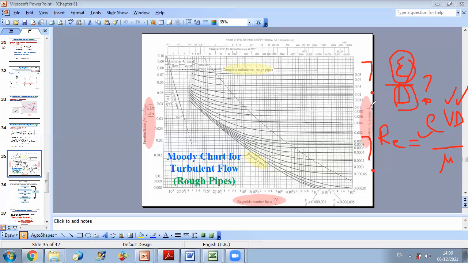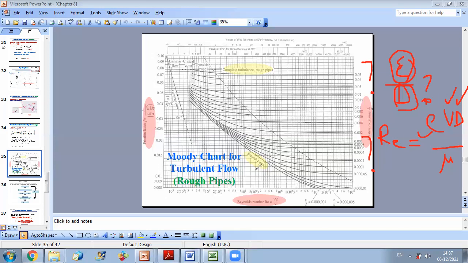Of course, when you make an assumption, you should write equations, replacing d in these equations to get the values of velocity, Reynolds, and epsilon over d, and then you can come to your Moody chart.